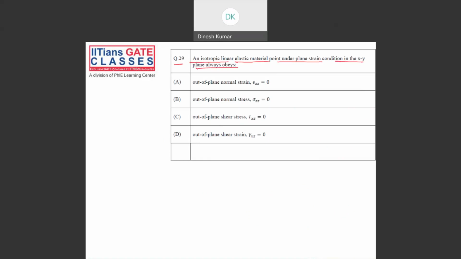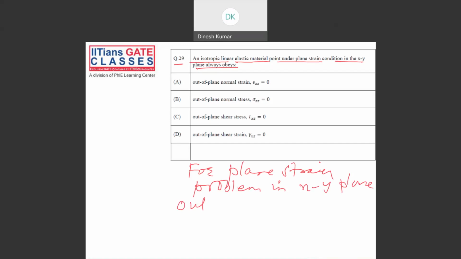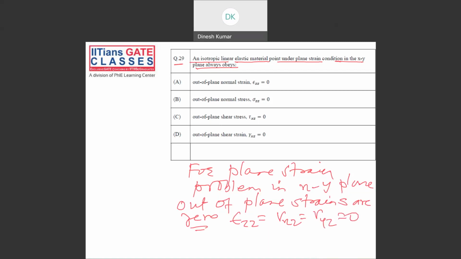So you can see for a plane strain problem in XY plane, out of plane strains are zero. So that means epsilon zz is equal to gamma xz equal to gamma yz equal to 0.